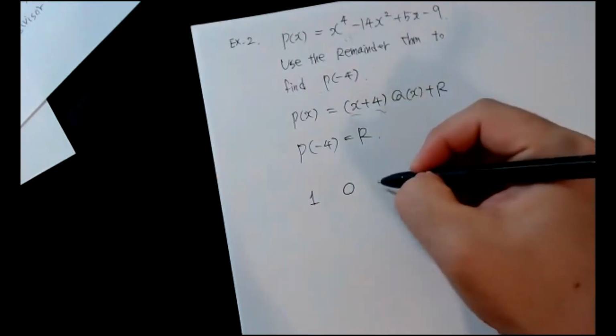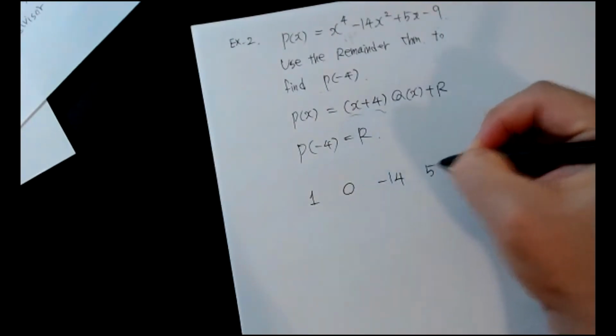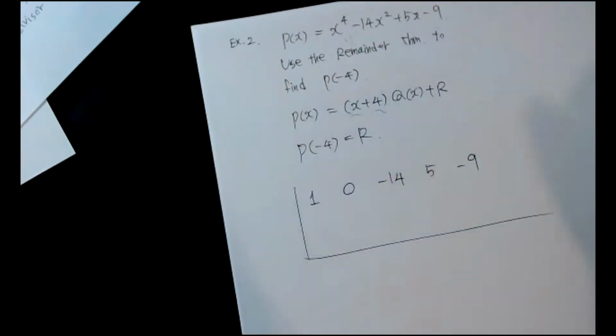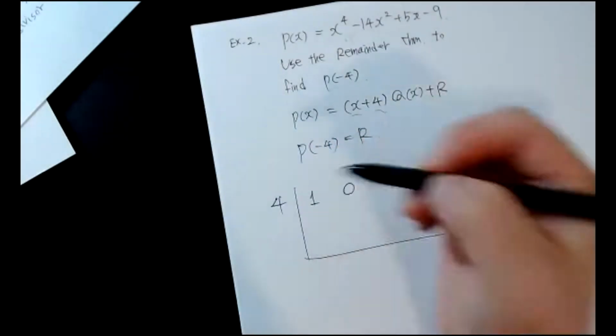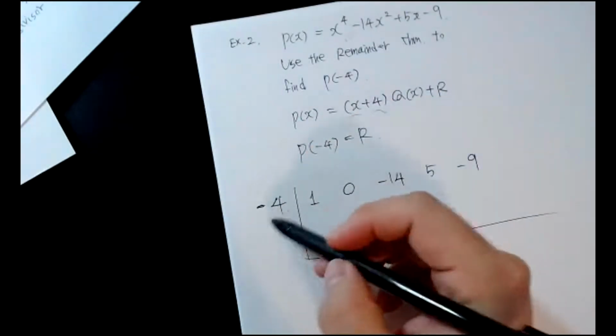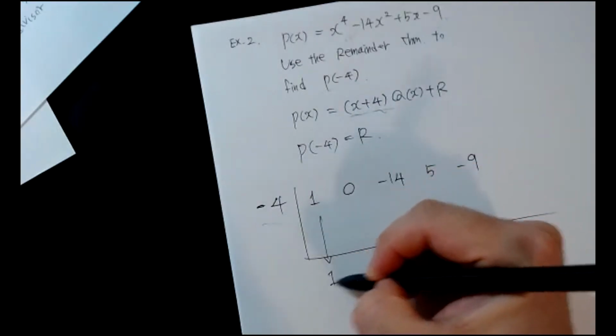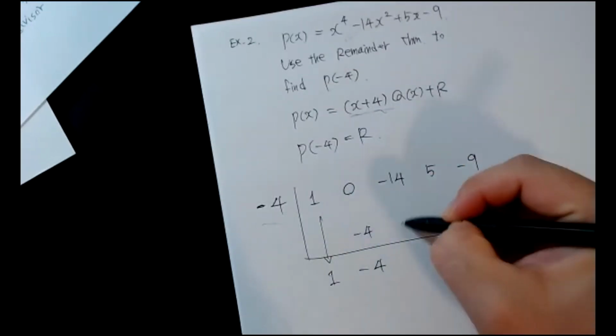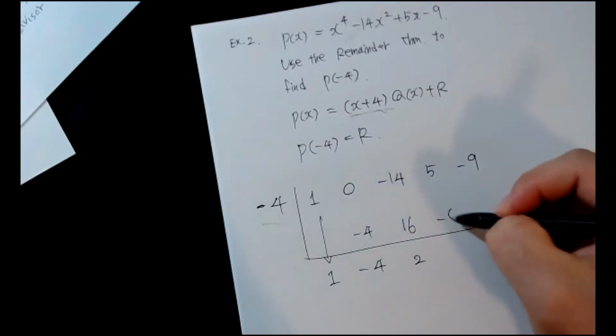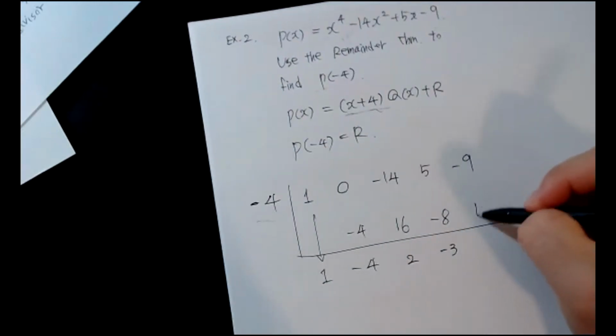Then negative 14, 5, negative 9, and negative 4, because when x is negative 4 the divisor is going to be 0. Copy down 1, then negative 4, 16, 2, negative 8, negative 3, 12.